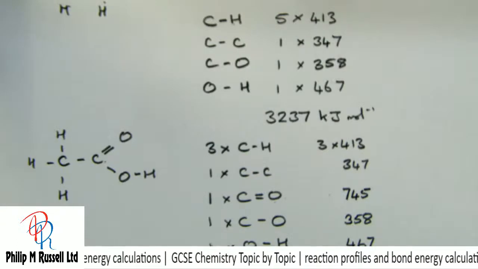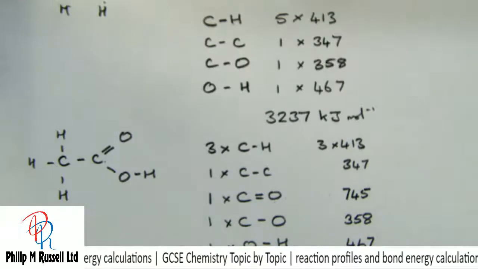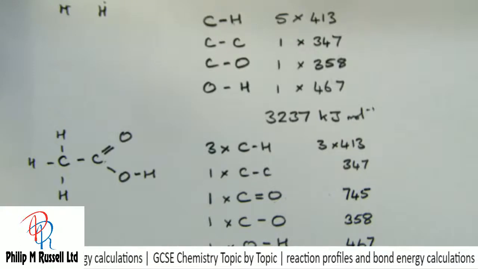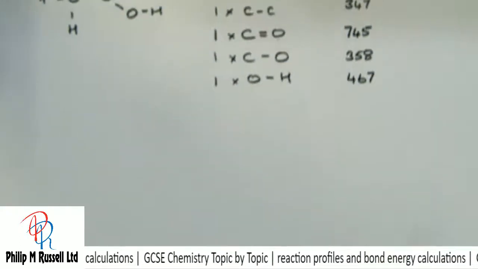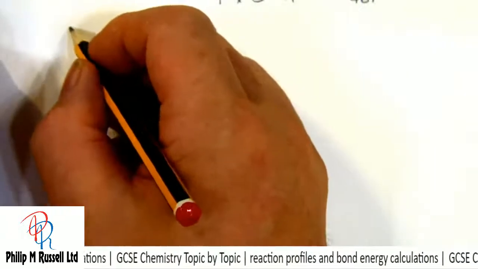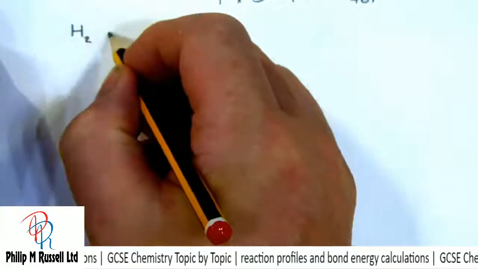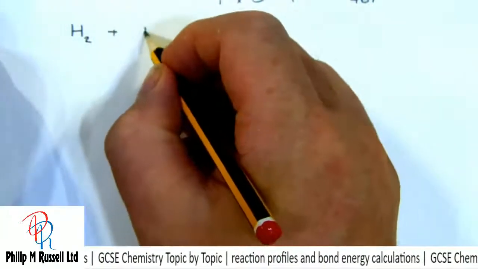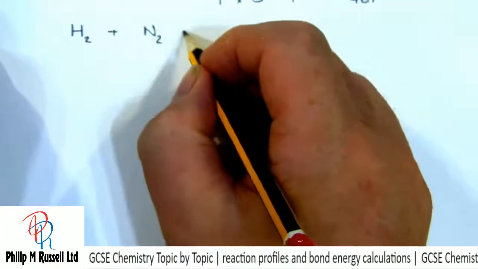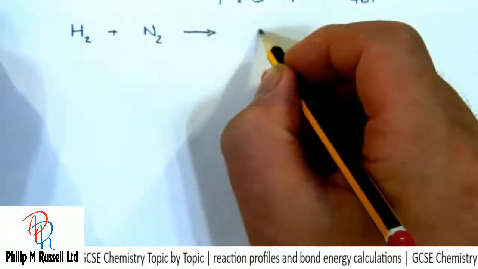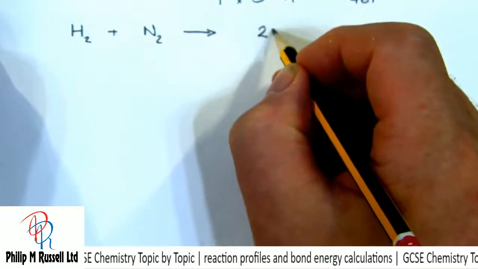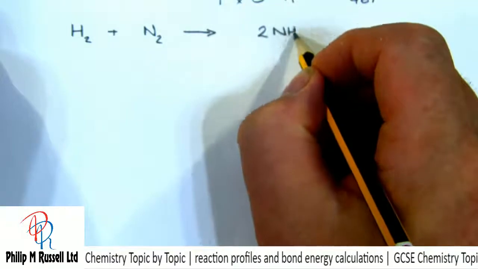So let's now move on to working out how we could use this, and let's look at a reaction. And we'll start off with something that is hopefully familiar to you, and this is where I'm going to take some hydrogen and I'm going to react this with some nitrogen, and I'm going to form a molecule of ammonia.